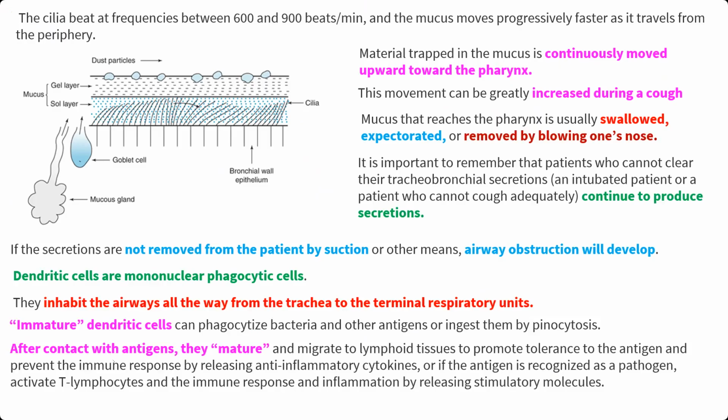But after contact with the antigen, these cells become mature and migrate to lymphoid tissue to promote tolerance to the antigen and prevent the immune response by releasing anti-inflammatory cytokines. And if the antigen is recognized as a pathogen, it will activate the T lymphocytes, and the immune response will come into play to reduce the inflammation by stimulating the anti-inflammatory molecules. So these dendritic cells are very, very important as a part of the defense mechanism.